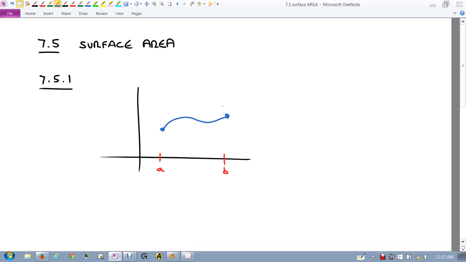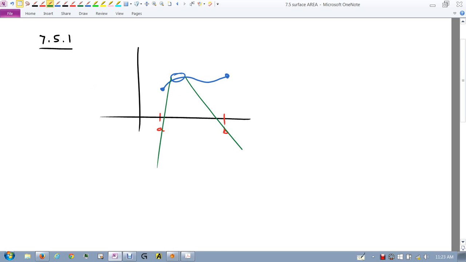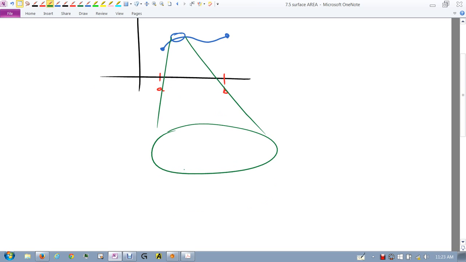It's going to create a solid, right? I want the surface area of the outside of that solid. Surface area, not volume. Totally different quantity. All right, I get it. So imagine again blowing this thing up, taking that little piece.